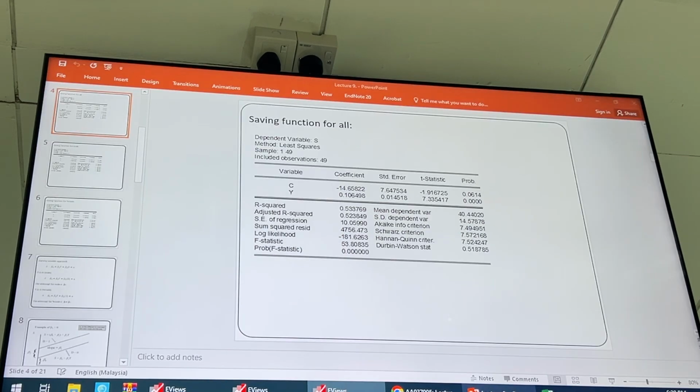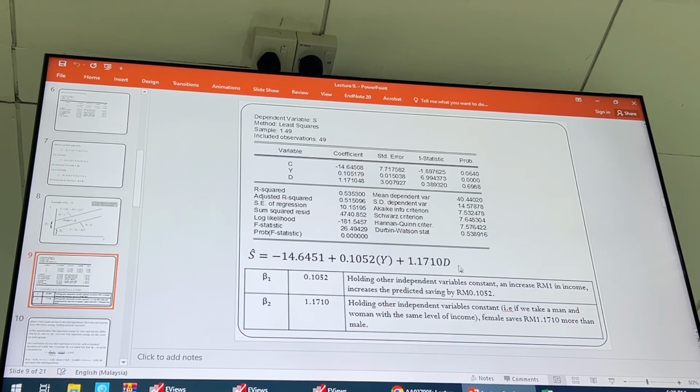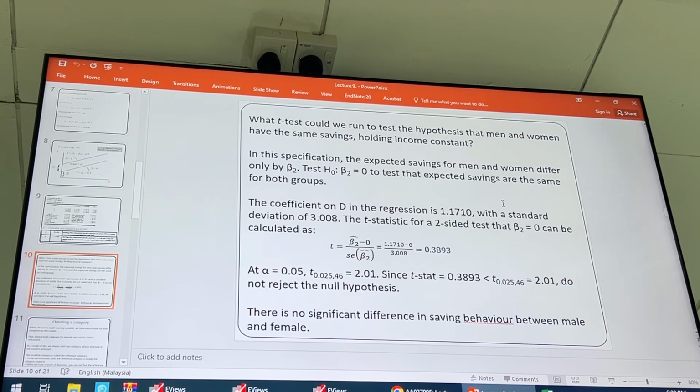Again, assuming that this model is valid for us to perform hypothesis testing, then how do we do it? You can perform hypothesis testing as usual. What t-test could be run to test the hypothesis that men and women have the same saving for the income constant? In this specification, the expected saving for men and women differ only by beta 2.